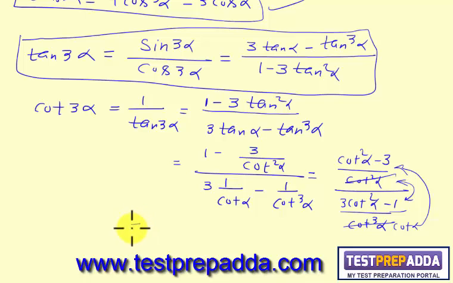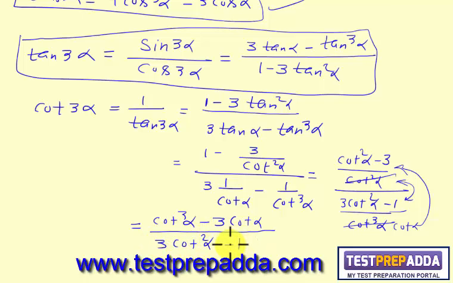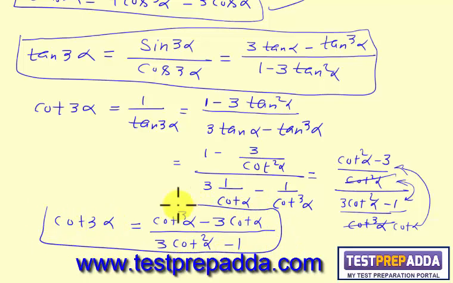So at the end the result will be what? Cot cube alpha minus 3 cot alpha upon 3 cot square alpha minus 1. This is the value of cot 3 alpha. Another interesting identity.